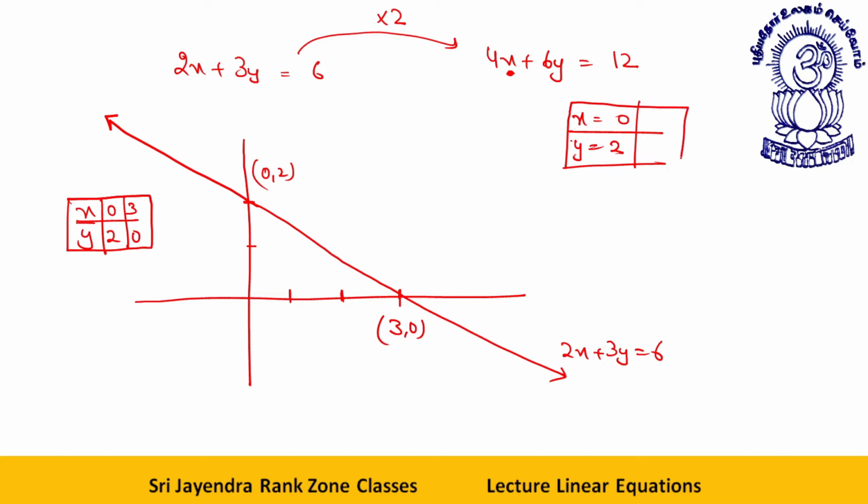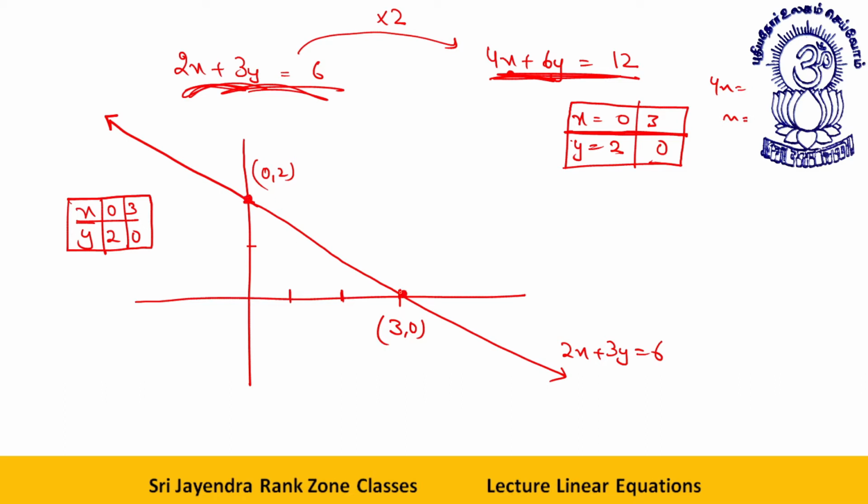And if you put y is equal to 0, you get 4x is equal to 12, so x is equal to 3. So although these two lines, in terms of representation, in terms of written a, b, c, are different, they pass through the same 2 points.